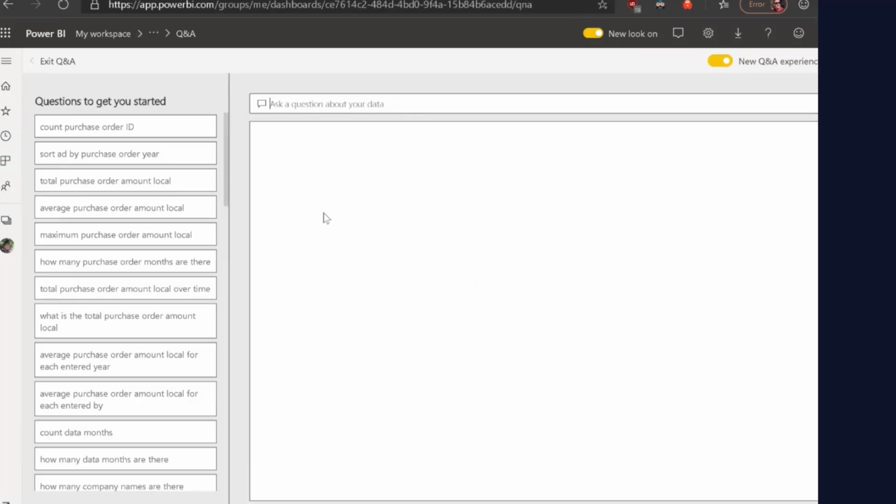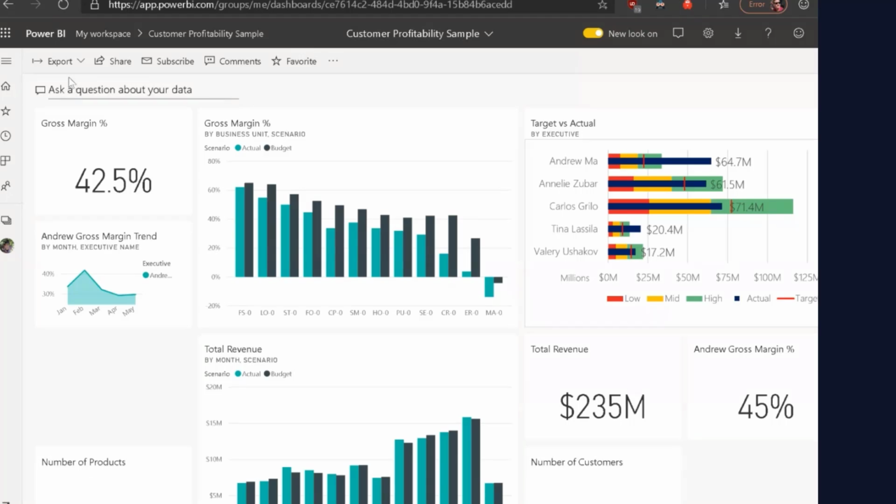This is a data set in Power BI that Microsoft has provided for you to play around in. So I'm just asking it, what are some of these different things. So you have to know what the data is that's in there to be able to ask the questions. But once it's there, the alternative to that is I can create a new tile.